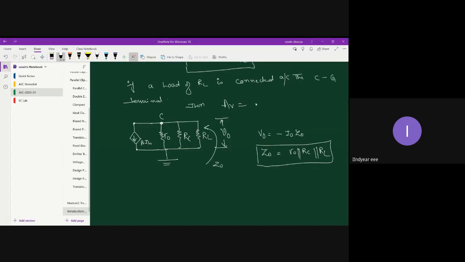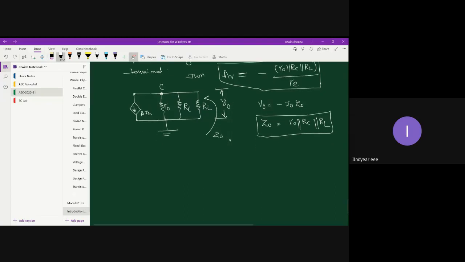So your exact expression for voltage gain is going to be minus R naught parallel with RC parallel with RL divided by RE. So this will be the expression if you have any load connected across collector and ground. Okay, fine. So that's your voltage gain. And finally, we have our current gain AI.